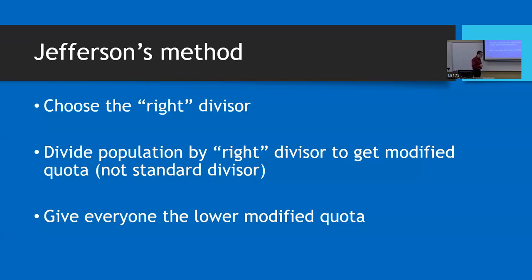So on the homework, on the test, I'll say use the divisor which is 25 units from the standard divisor, or use the divisor which is 13.6 units away from the standard divisor. Something of that nature. So I'll give it to you as a distance from the standard divisor.